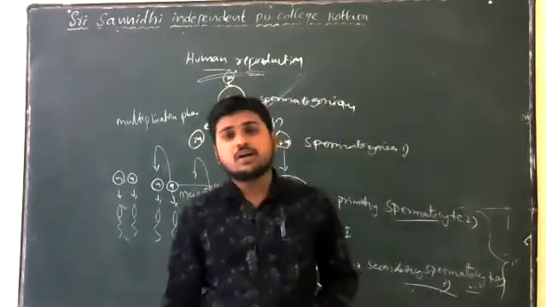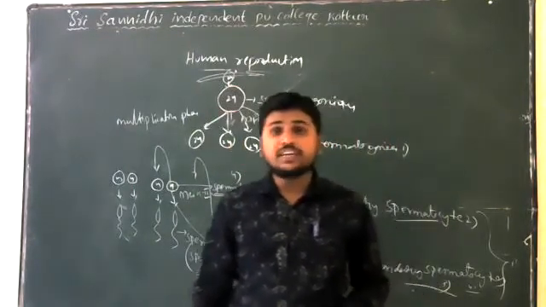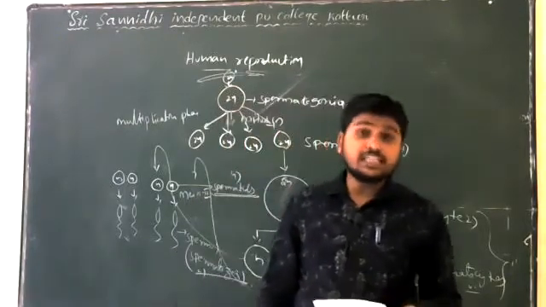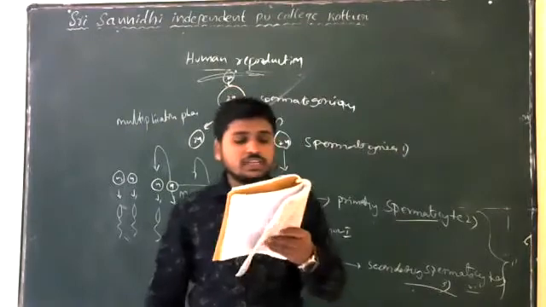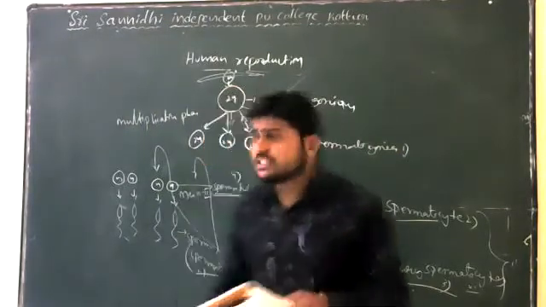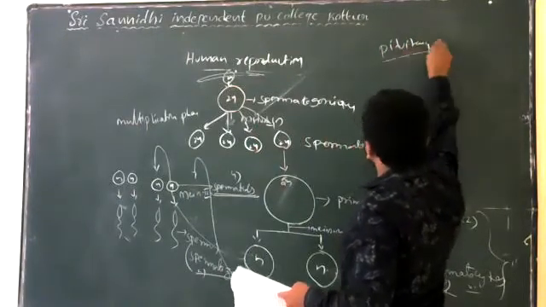Secretes oxytocin during parturition. That is wrong. Oxytocin hormone is secreted when there is a fully developed fetus, but secreting oxytocin is not the job of the placenta. Oxytocin is secreted by the pituitary, the master gland.